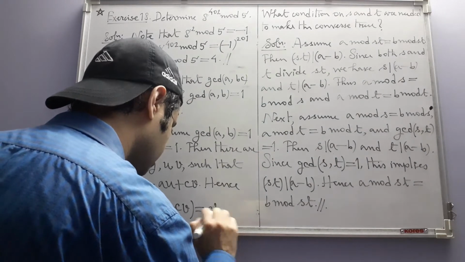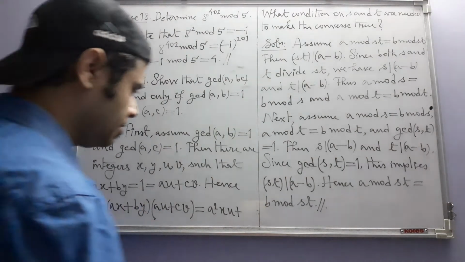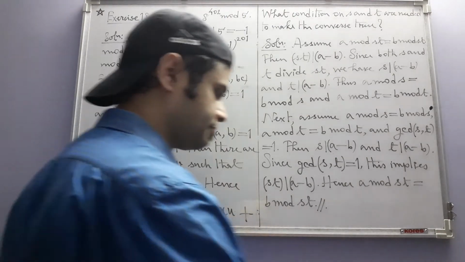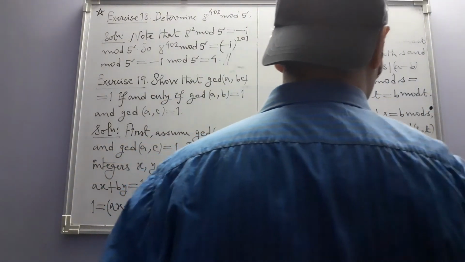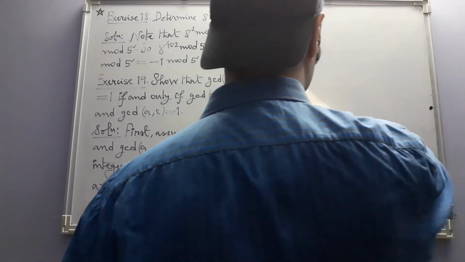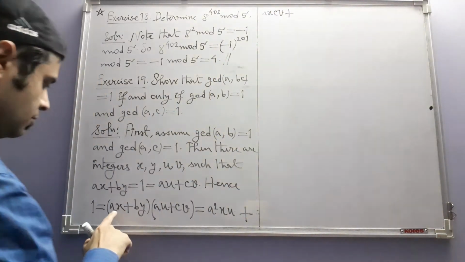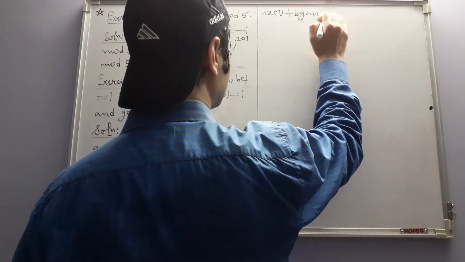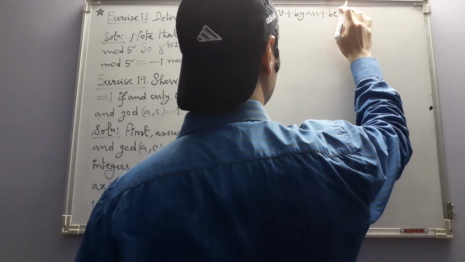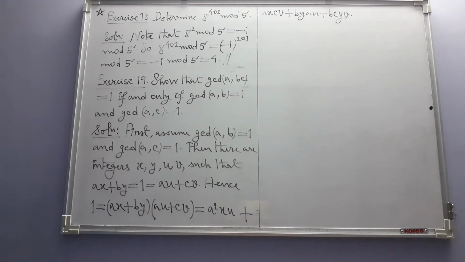Doing that, we get a square xu plus axcv plus byau plus bcyv. Okay, so we need A and BC.